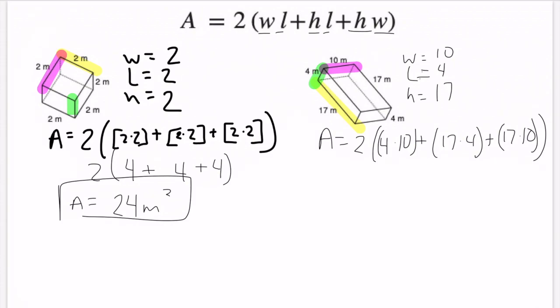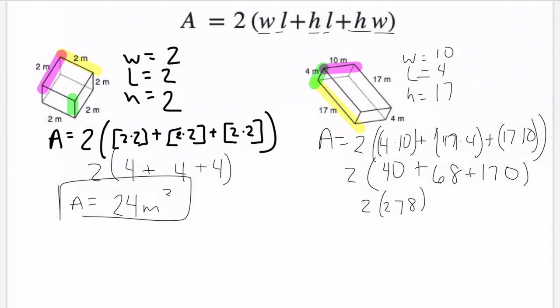So this is 40 plus 68 plus 170, all of that times 2. Plug that into my calculator, it would be 2 times 278. The surface area is 556 meters squared.